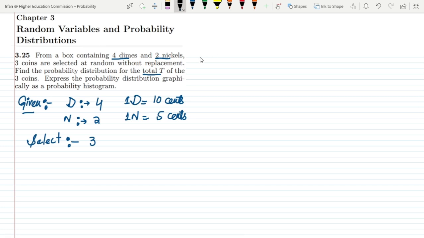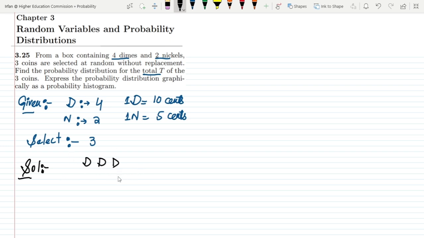Okay, so now let me solve it, and in solving it let me have here the solution. So what are the combinations we can have here? Suppose initially we have the 3 coins which are dimes, so we can have dime, dime, dime.